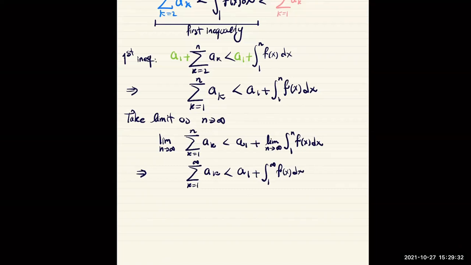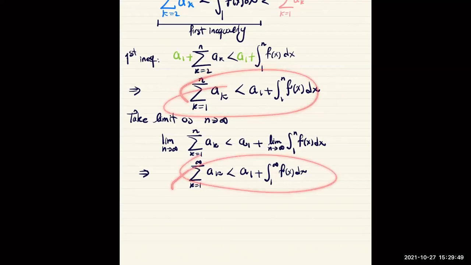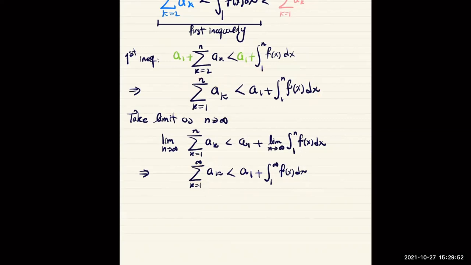So we just established this wonderful inequality. This inequality is so cool because it gives you an upper bound for your series. If you don't know the value of your series, assuming your series is convergent, then you can come up with an upper bound.